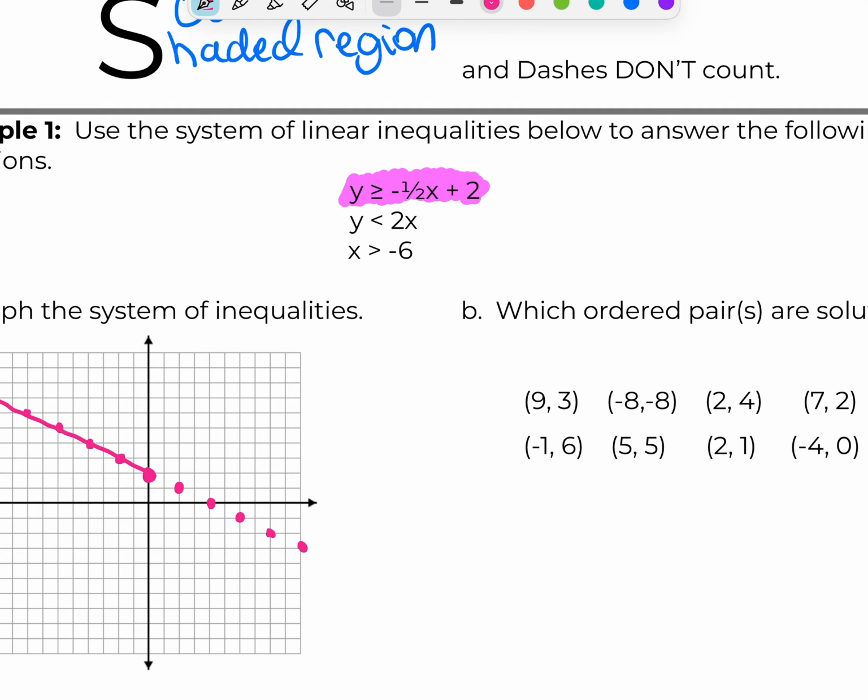And we said solid line. All right, now our shading, because it's a greater than, we're going to shade above those points. And so draw your arrows if you need to, and then shade everything that is above that negative slope line.